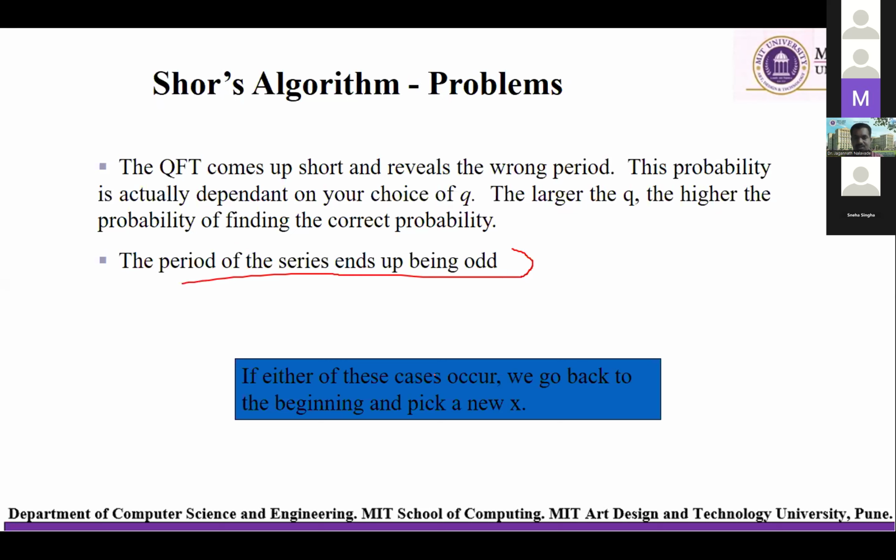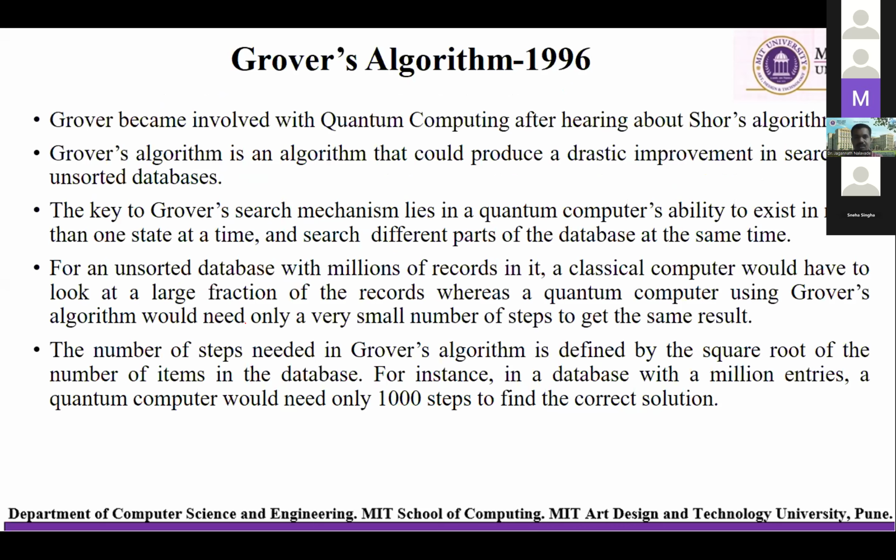If either of these cases occurs, we go back to the beginning and pick a new X. If we are not getting the correct answer, then we can go back and start from the beginning. So this is all about Shor's problem.